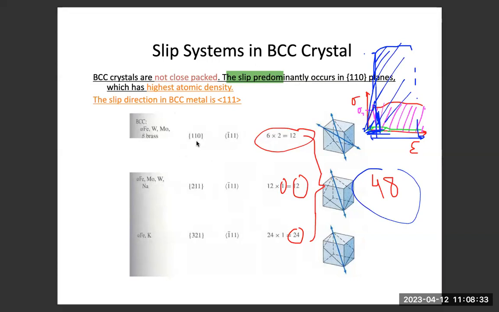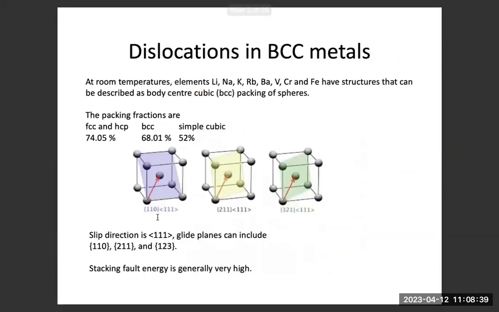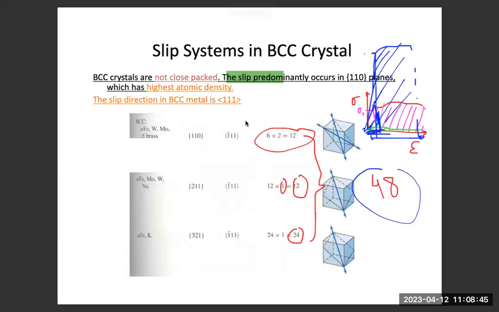So we said we have 3 different planes: 110, 211, 321. For 110 and the 111 direction, in total we have 12 slip systems.